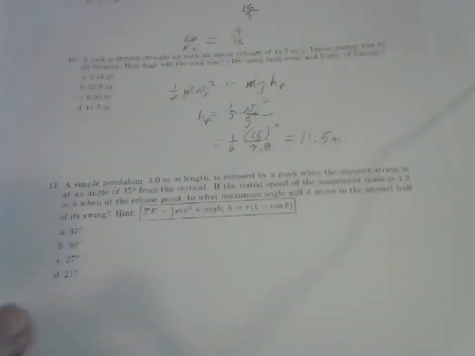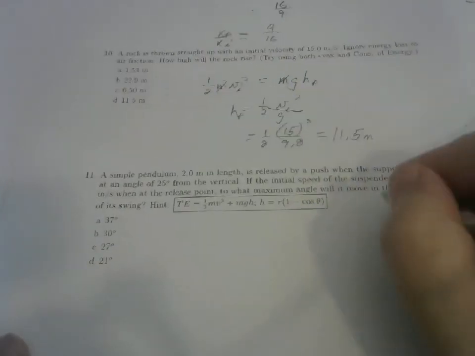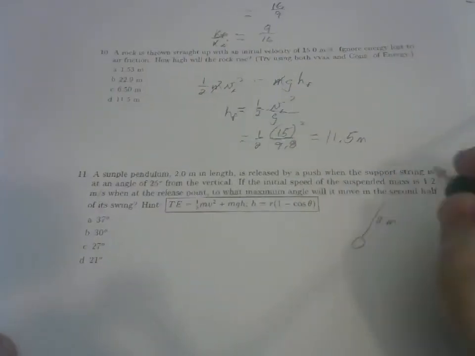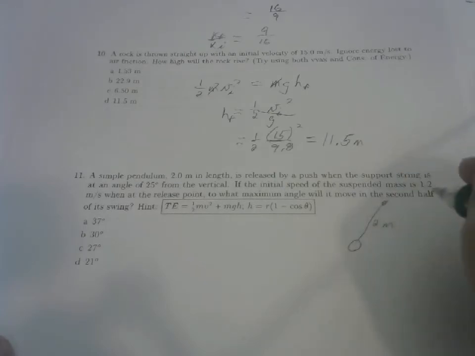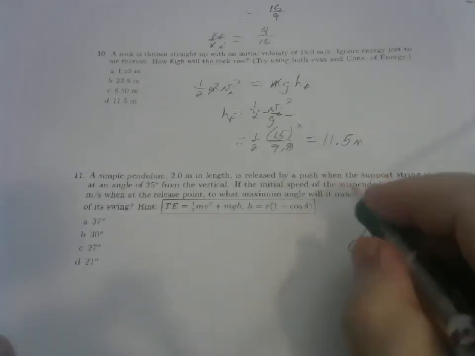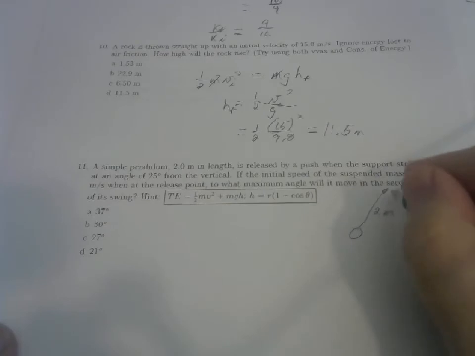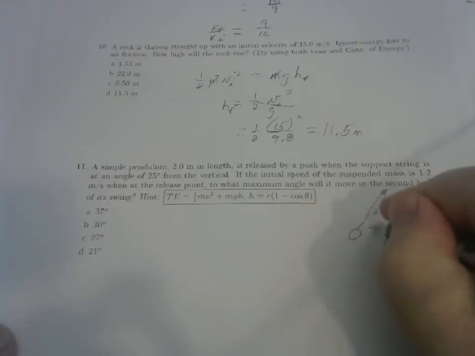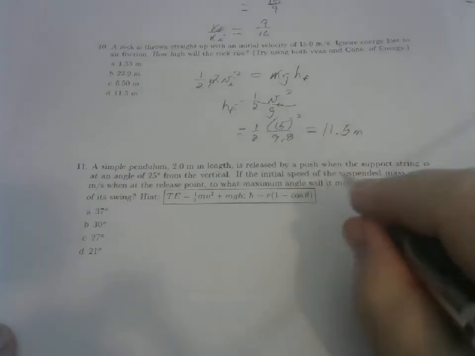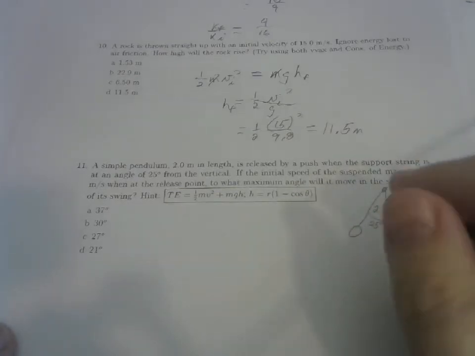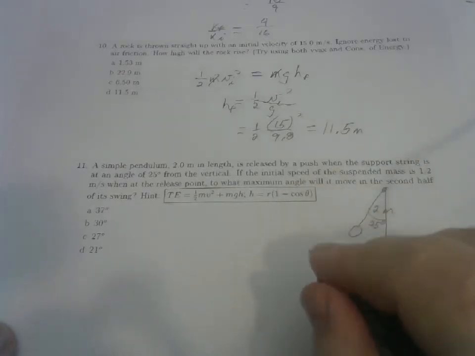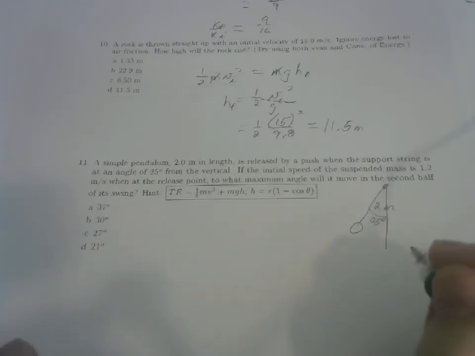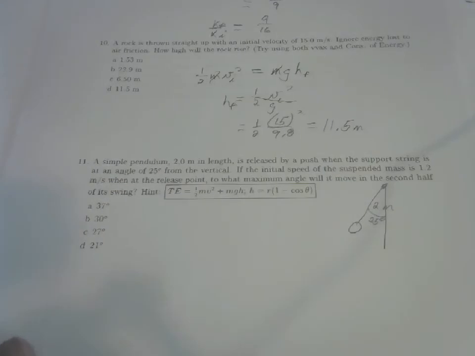So, number 11. A simple pendulum, 2 meters in length, is released by a push when the support string is at an angle of 25 degrees from the vertical. If the initial speed of the suspended mass is 1.2 meters per second at the release point, to what maximum angle will it move in the second half of its swing?